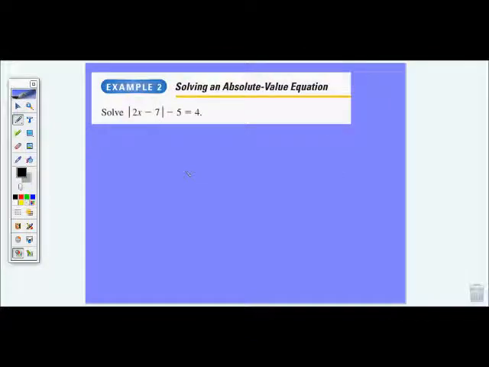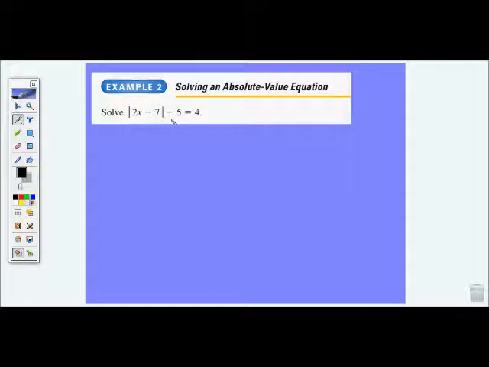We're going to do the same thing on this one. However, we have a more complex equation here because we have part of the equation, the phrase, in absolute value, and then we also have an extra constant term. So my first step on solving this is going to get it to be a simple equation like the one in example 1.